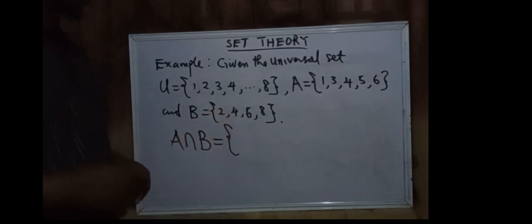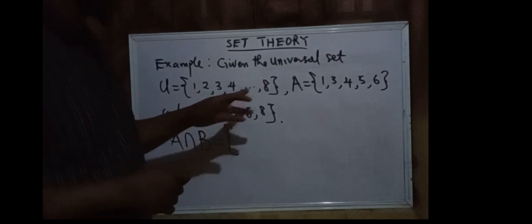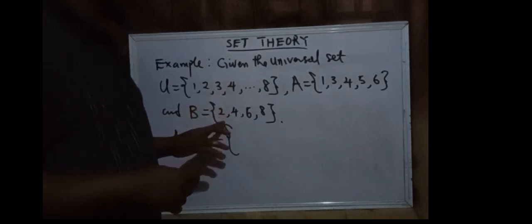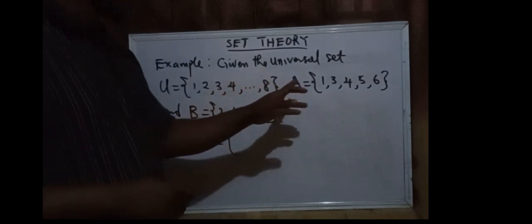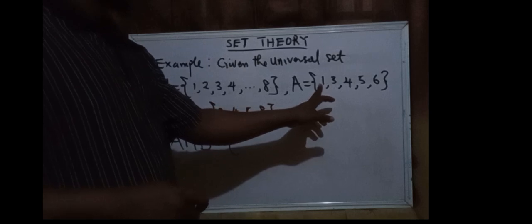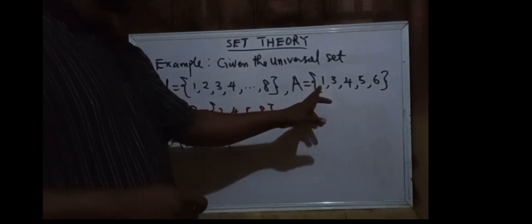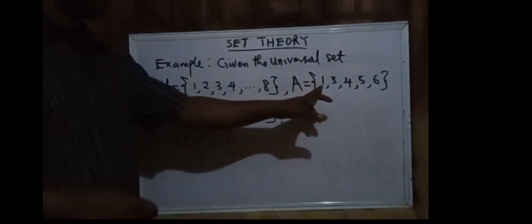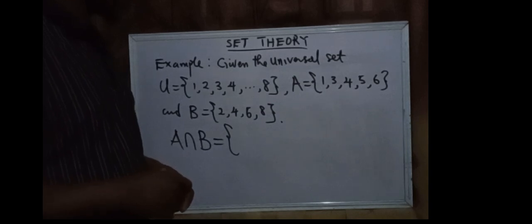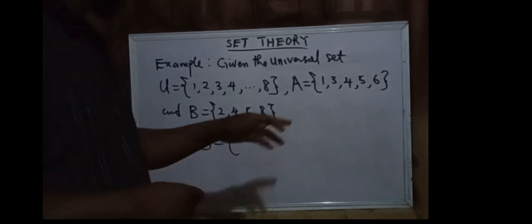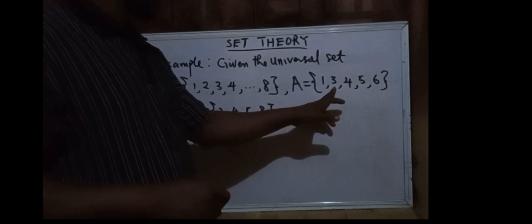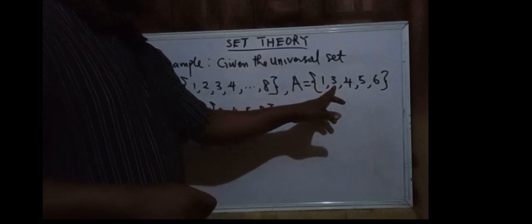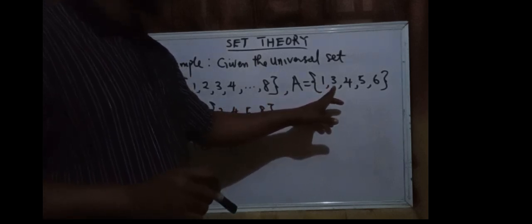So we start from A and see the elements that are in A and also in B. The first element is 1. 1 is in A but not in B, meaning 1 is not in the intersection of the two sets. Let's consider 3. 3 is in A and 3 is not in B, so 3 cannot be an element of the intersection.